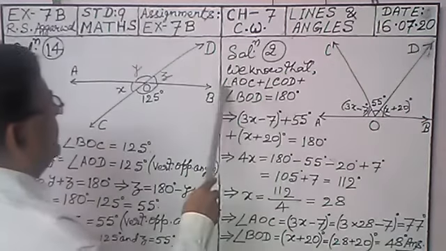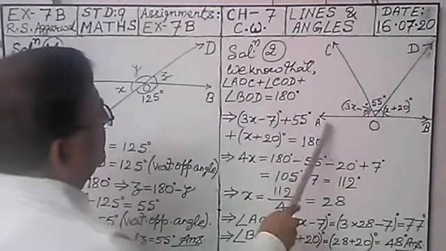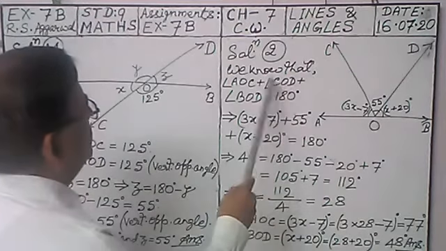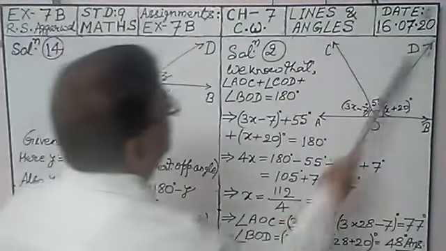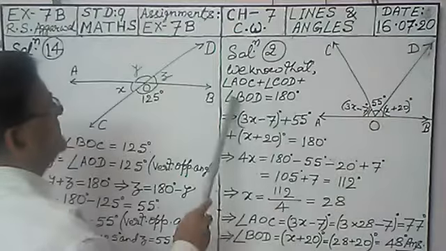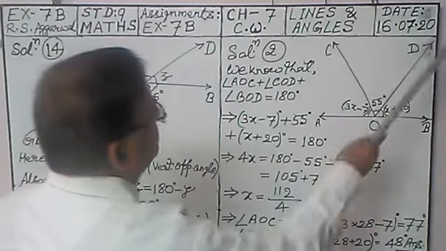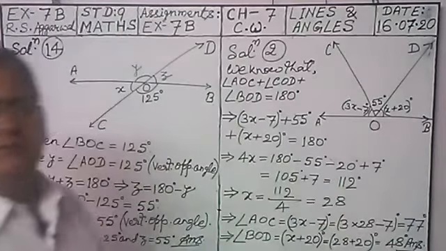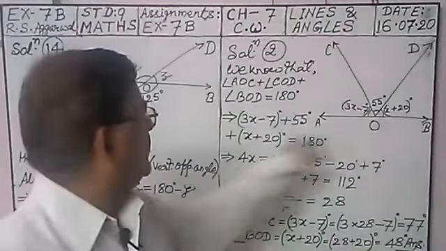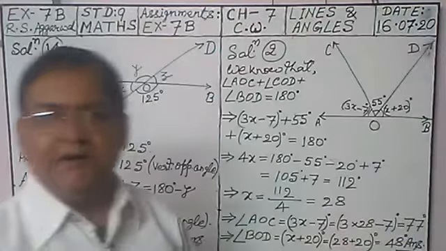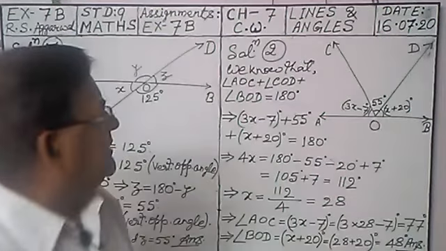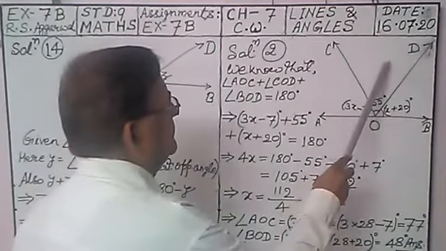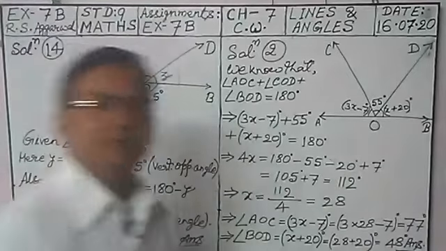So we know that angle AOC plus angle COD plus angle BOD, these are three angles. On the upper side of the straight line AB, there are three angles: first, second, third.